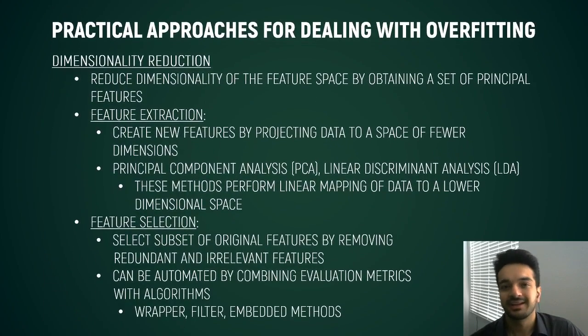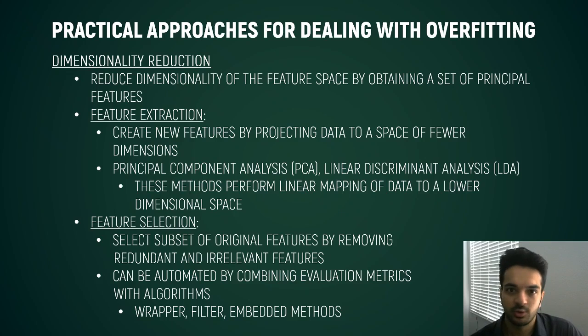Now let's look at some practical approaches for dealing with overfitting. So first on the list is dimensionality reduction. If you reduce the dimensionality of the feature space by obtaining a set of principal features, you may be able to deal with overfitting. One way to do this is through feature extraction, where you'd create new features by projecting your existing data to a space of fewer dimensions.